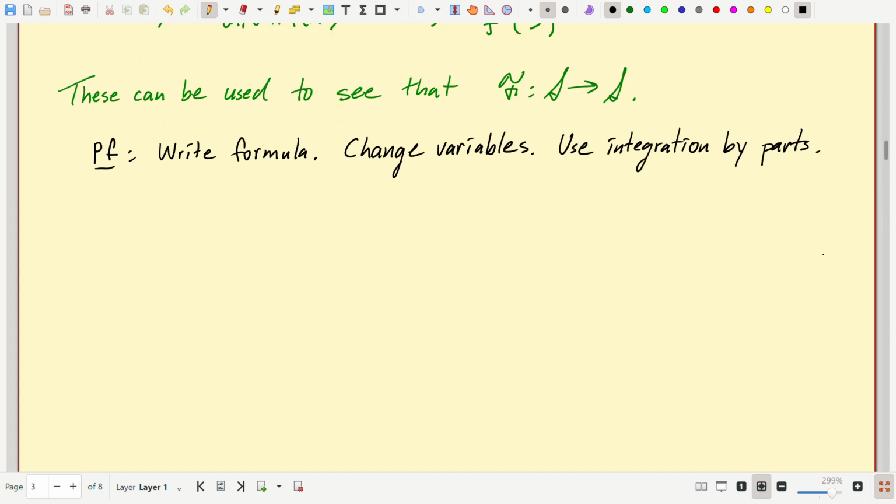Okay. So the one thing I did want to be careful about doing today is here's an important, the key property. It's that the Fourier transform of e to the minus pi x squared is itself.